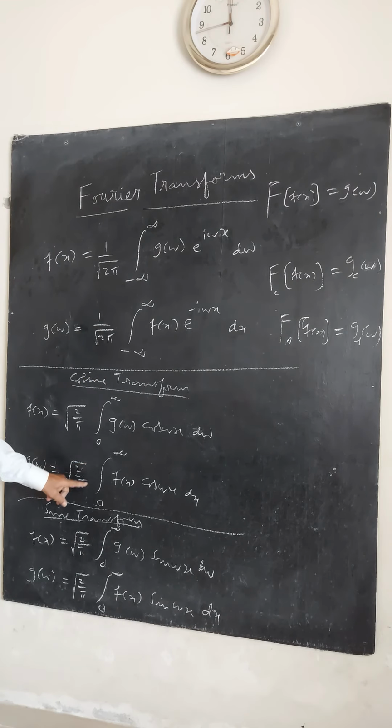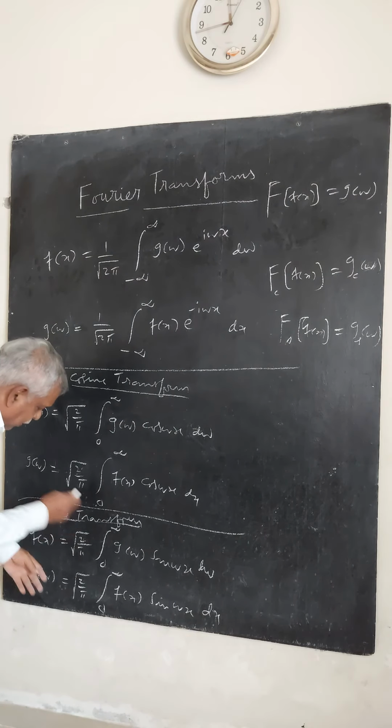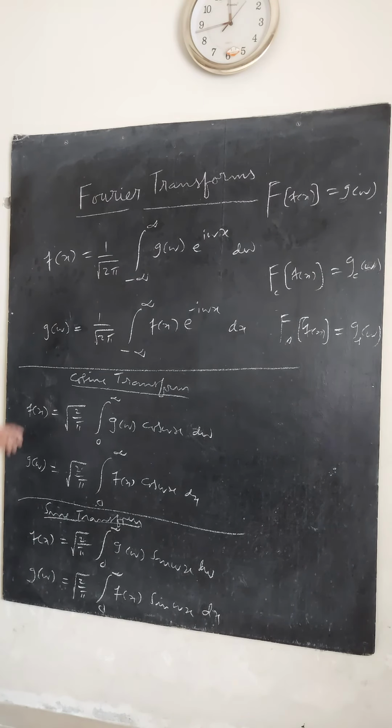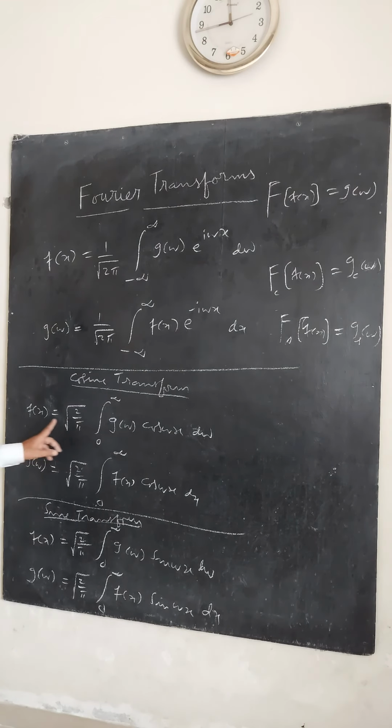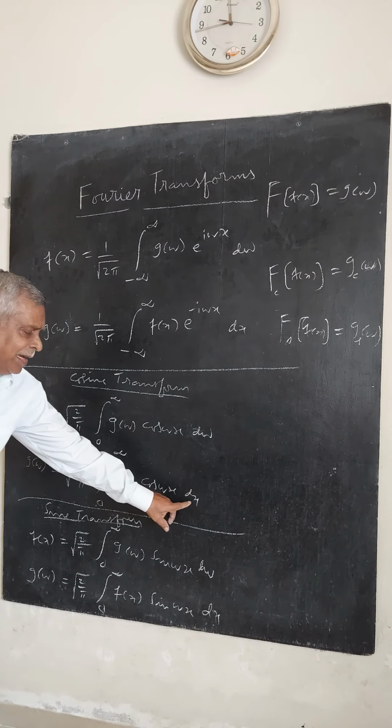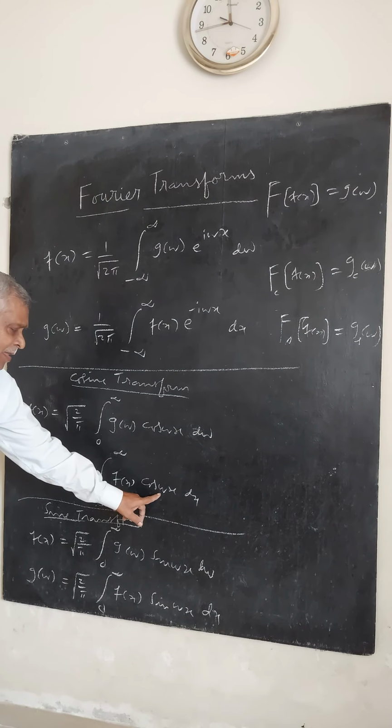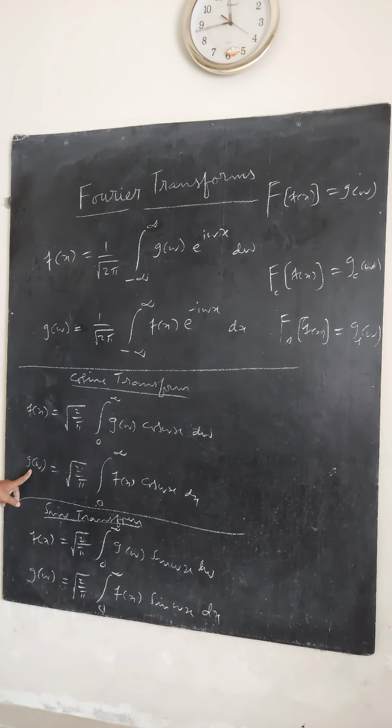These are all 0 to infinity. This also, f of x crosses with G omega. We are integrating with respect to omega. X is other than omega, therefore the result will be a function of x. We are integrating with respect to x, omega is other than x, therefore G omega is the function.